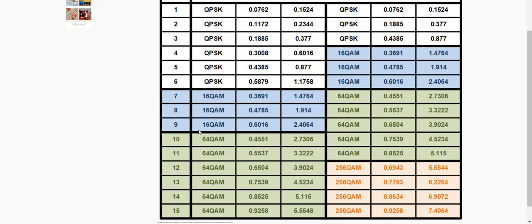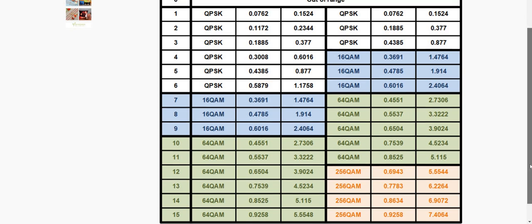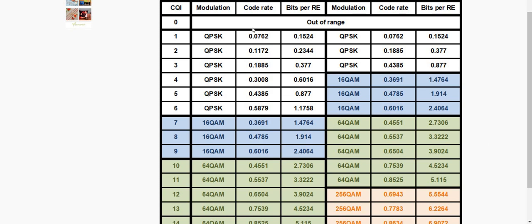So what this table says: with CQI of 15, eNode B can use 64 QAM. That is 6 bits per symbol can be transmitted. But you can see the code rate, that is this column, that is code rate.